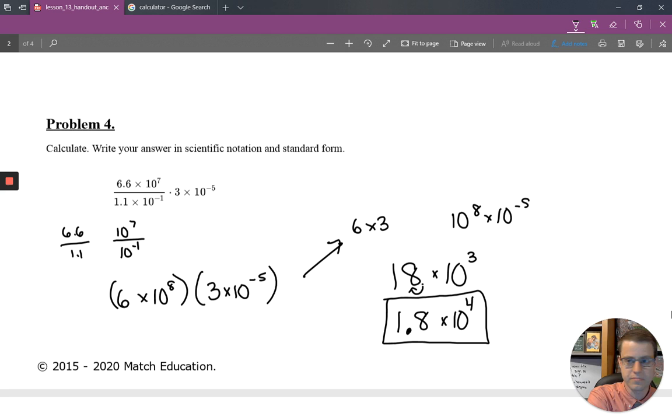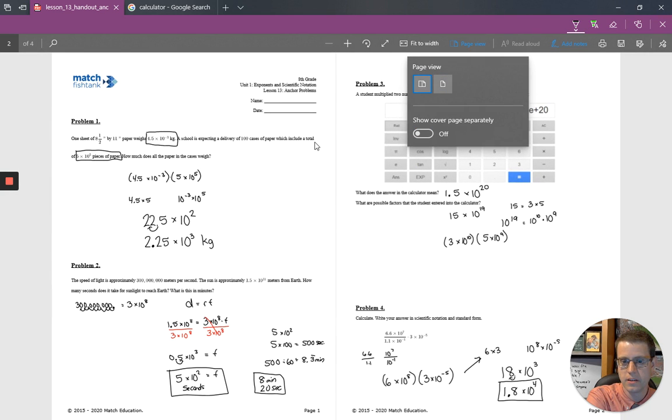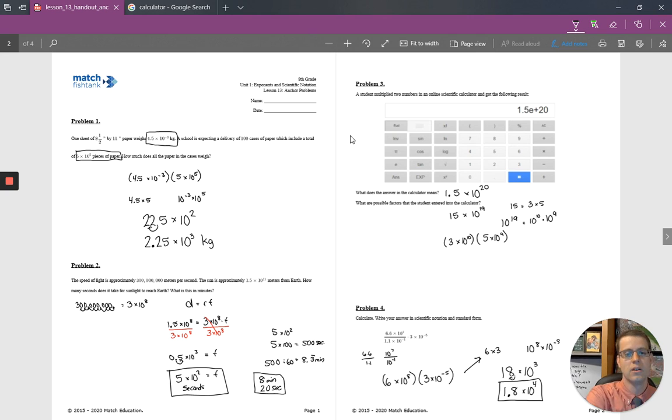And so, to summarize this lesson, when you multiply, you multiply the coefficients and add the exponents, but make sure you're in scientific notation in your answer. When you're dividing, you subtract the exponents, but again, make sure you're in scientific notation in your answer.